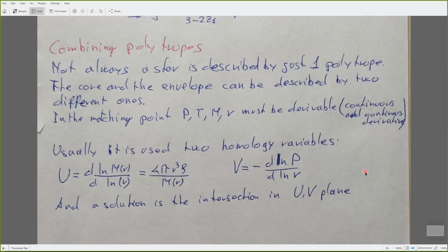Then, obviously, as we saw, it's not so easy for the polytrope to describe stars perfectly. We check it for several models and for several characteristics. For example, we can have an isothermal one, or a certain polytrope.